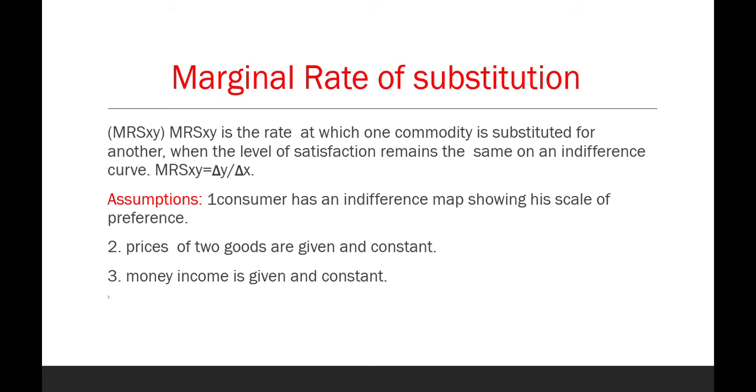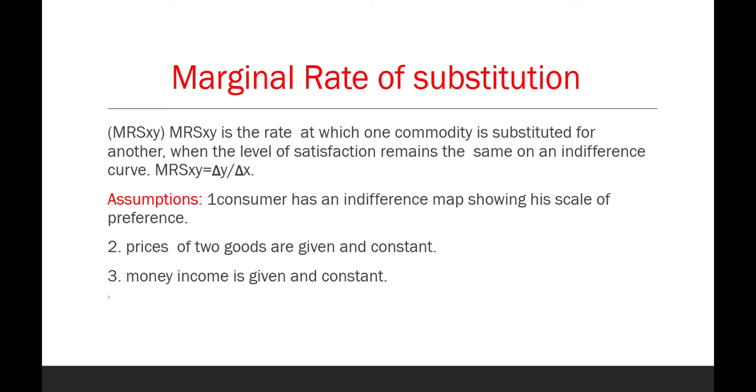We also should know what is meant by the marginal rate of substitution. Marginal rate of substitution means substituting one commodity for another. That means how much of one commodity is substituted for another. Here we have seen in the table that in order to consume one more apple, he has to forgo some three oranges. Like that, 7 he is preferring and 2.